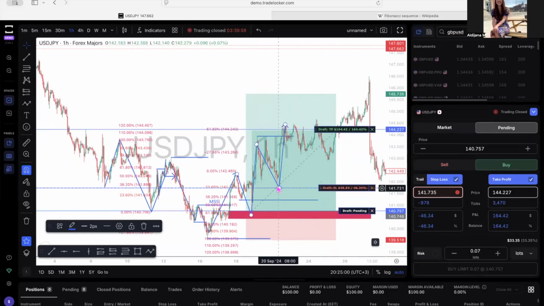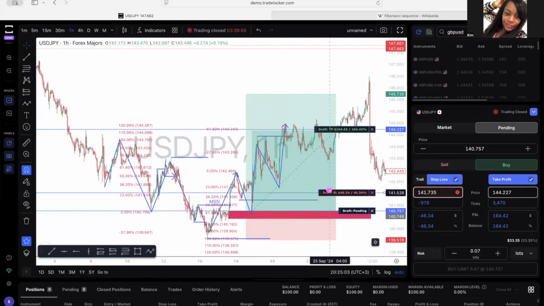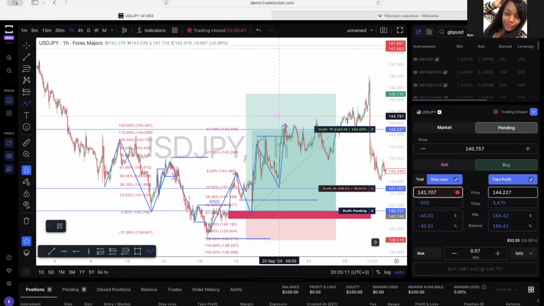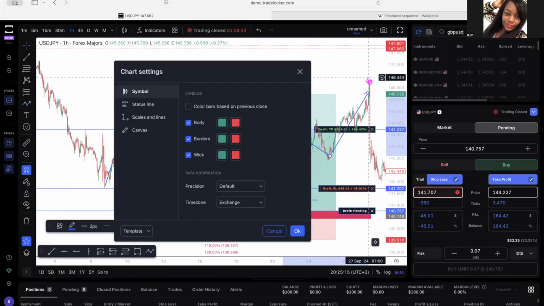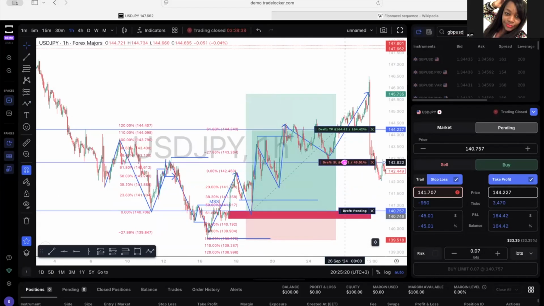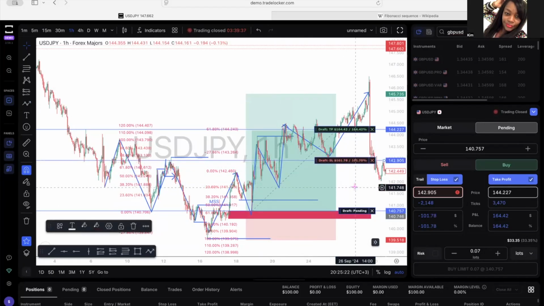But because this is structure, this is your swing low. You can put your stop loss below the swing low. As price moved, pulled back, and then broke structure again, you can then take your stop loss and move it here below this swing low.